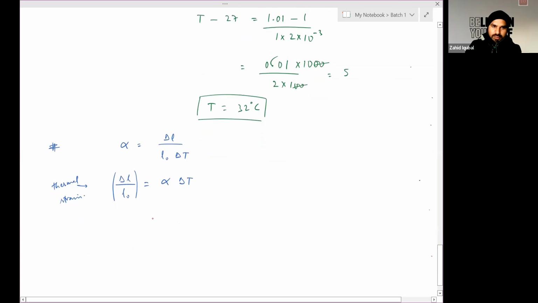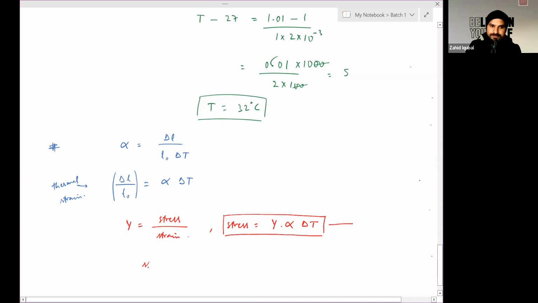Now, according to the formula of Young's modulus, we may write Young's modulus equals stress divided by strain. So stress will be equal to Y times strain, and strain is alpha times delta T. So it will be another formula to calculate thermal stress.